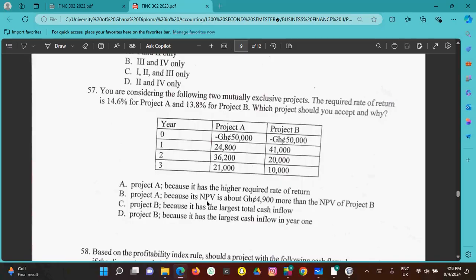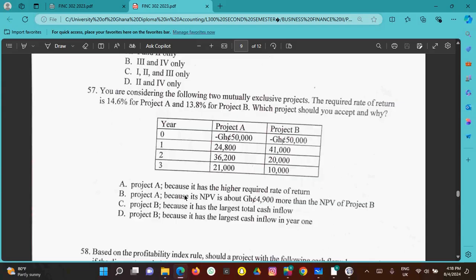And then project A, because its NPV is about 4,900 more than the NPV of project B, because B has the largest total cash flow. So the answer here is B. When you do the difference, you see that it is B.